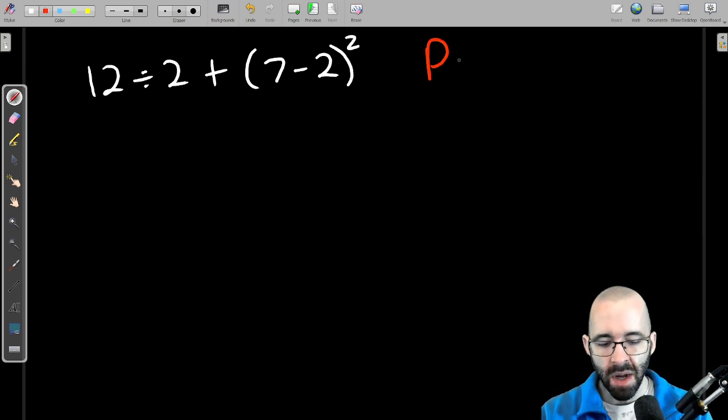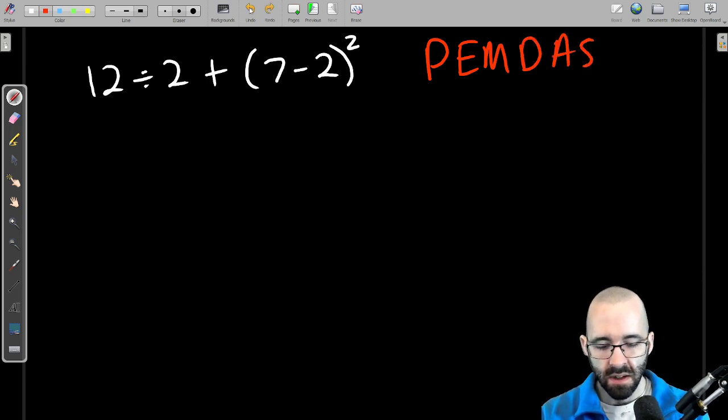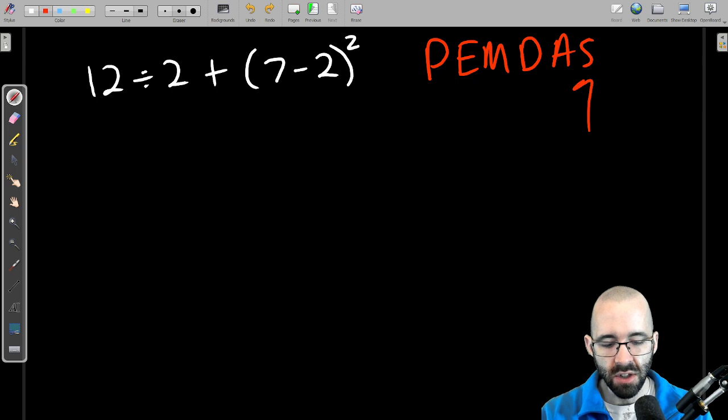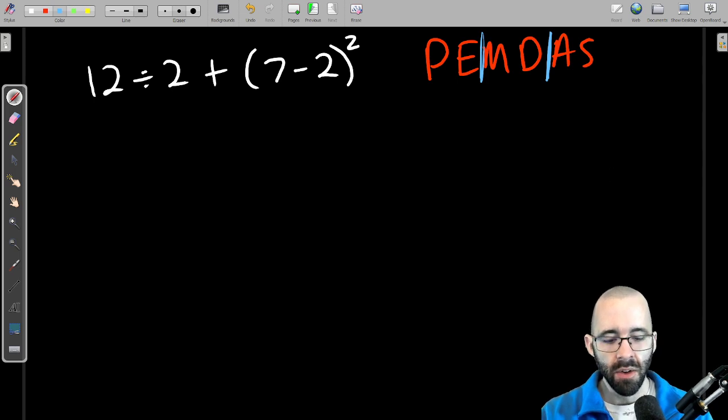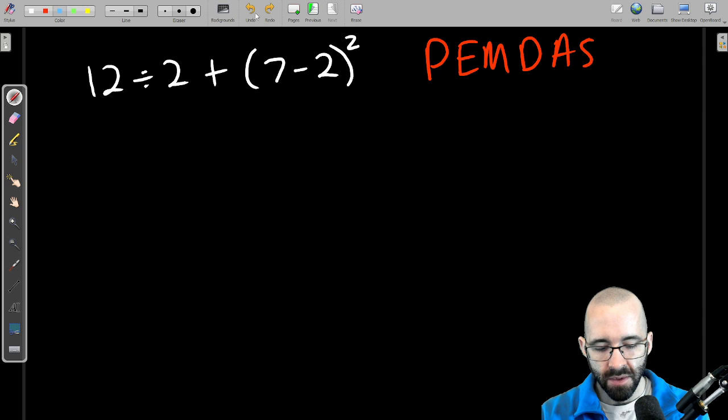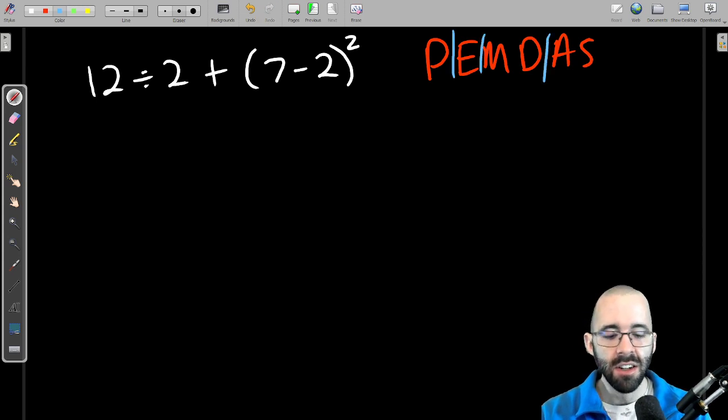You may have heard of the mnemonic PEMDAS, which stands for parentheses, exponentials, multiplication, division, addition, and subtraction. Now remember that multiplication and division can be done at the same time. Addition and subtraction can be done at the same time.